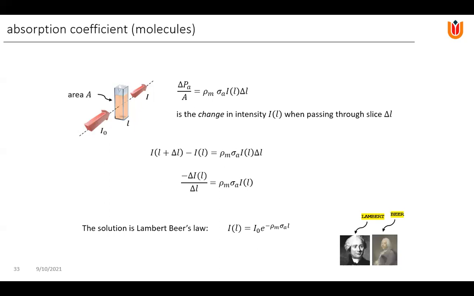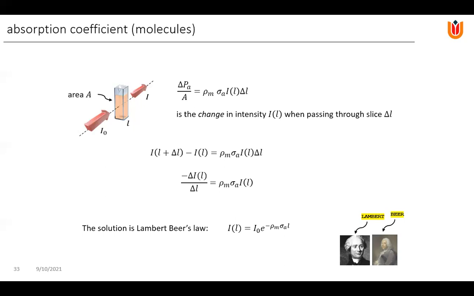And then if you solve that differential equation, you get Lambert-Beer's law. This is basically a very complicated way of arriving at something that Lambert and Beer did already many years ago. So you will find an intensity I of L as you go along the cuvette.